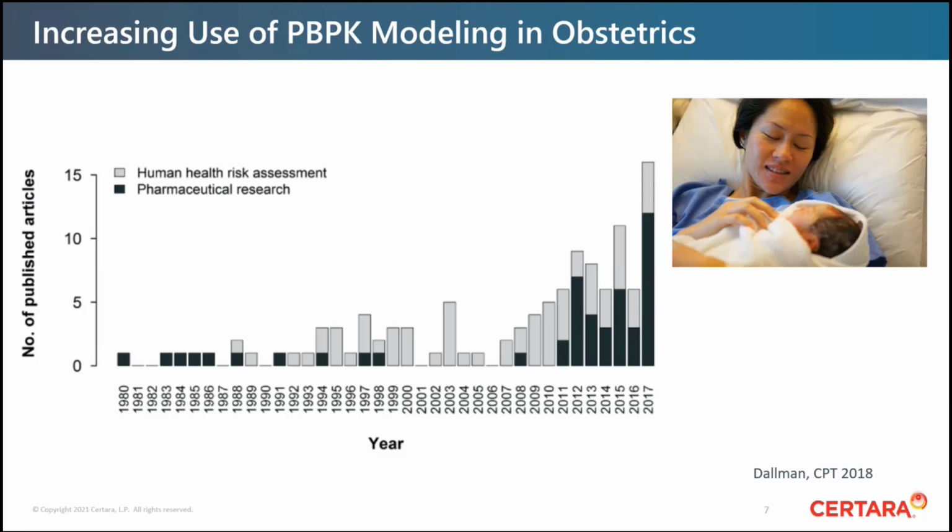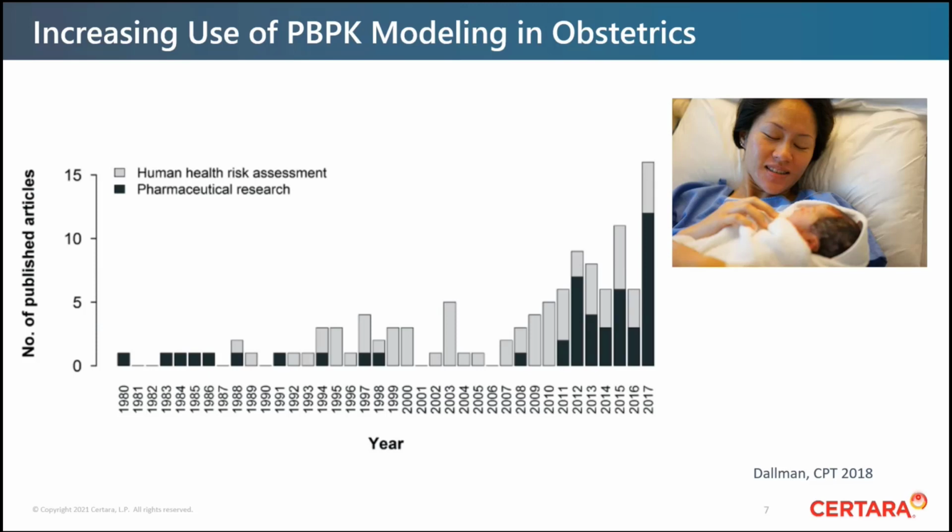So PBPK modeling is an excellent way of combining this data together, looking at the physiologic changes that a woman experiences throughout pregnancy, and being able to predict the effects of pregnancy on pharmacokinetics of drugs.